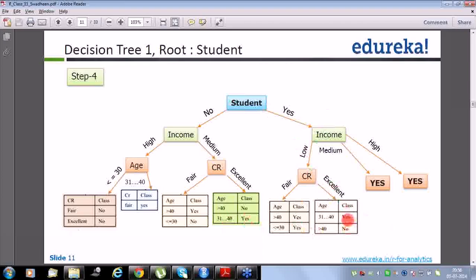Okay, so as we have data limited to 14 rows, it's easier to draw this model using pen and paper, using our own capacity. But imagine there are lakhs or millions of rows and the number of columns is more than 2, maybe 20, maybe 15.